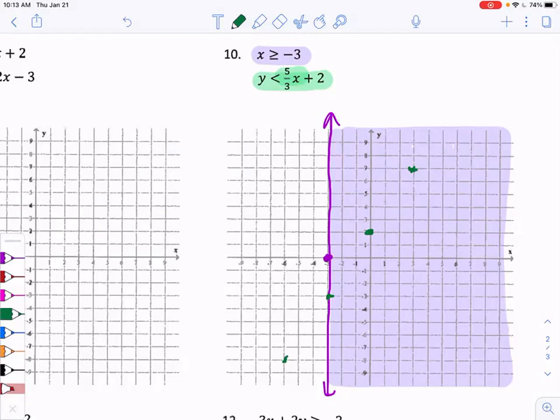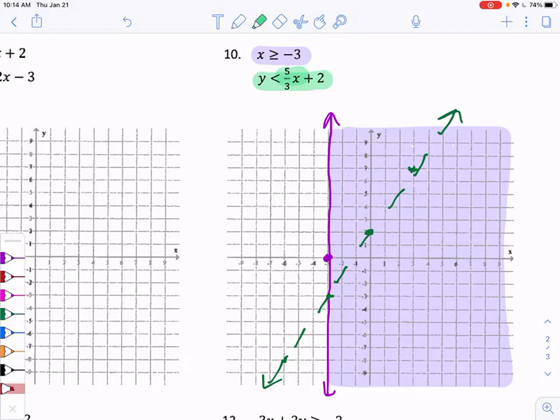Solid or dashed line? Yeah, it's gonna be a dashed line. Again, you want to make your lines pretty dark if you're using a pencil, and then your shaded regions very, very, very light.